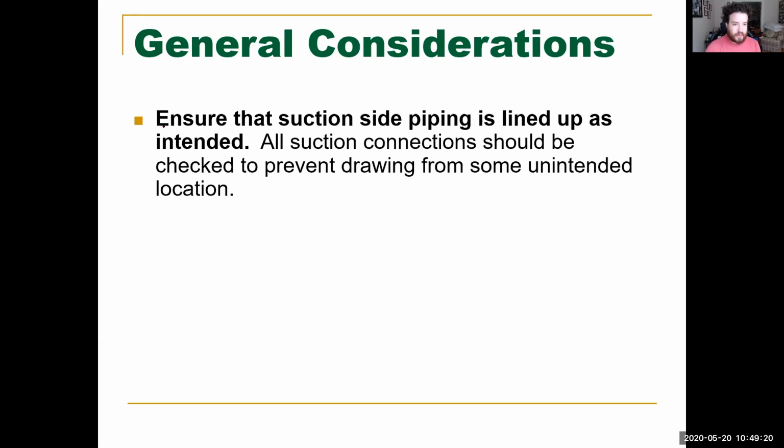So ensure that the suction side piping is lined up as intended. All suction connections should be checked to prevent drawing from an unintended location. If we're moving fluid from tanks, you do not want to, let me draw this out real quick.